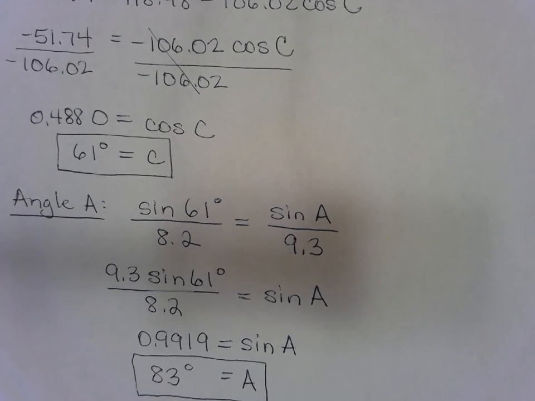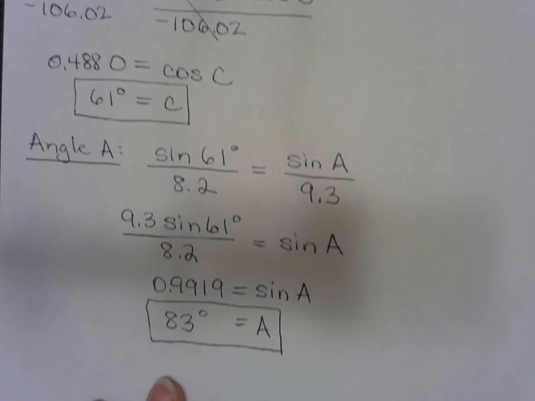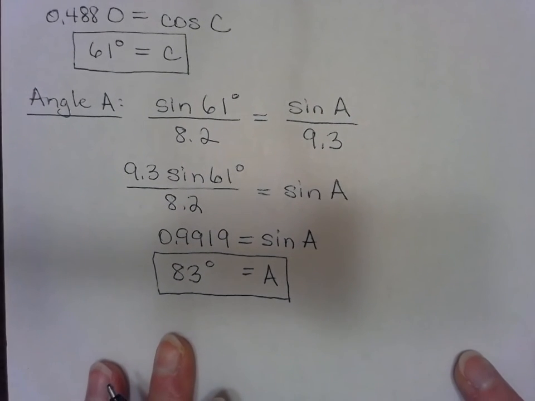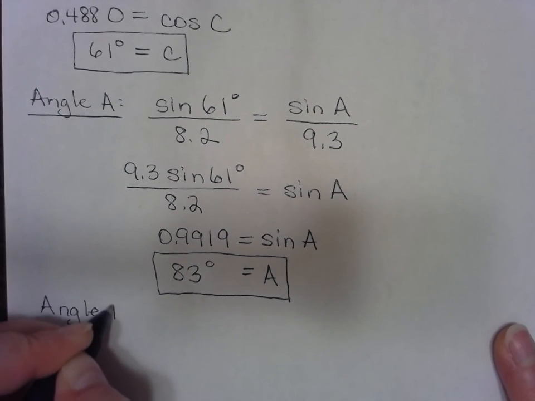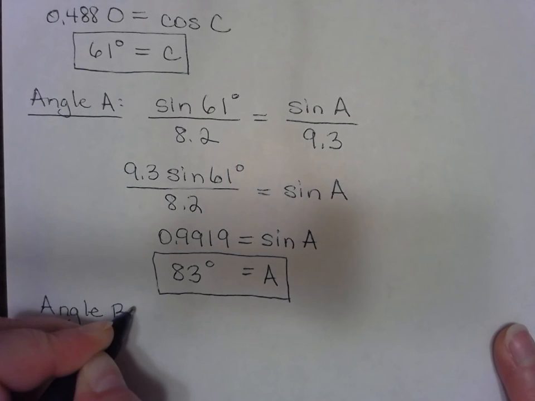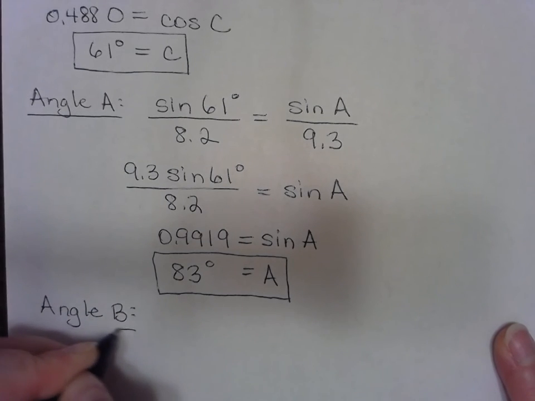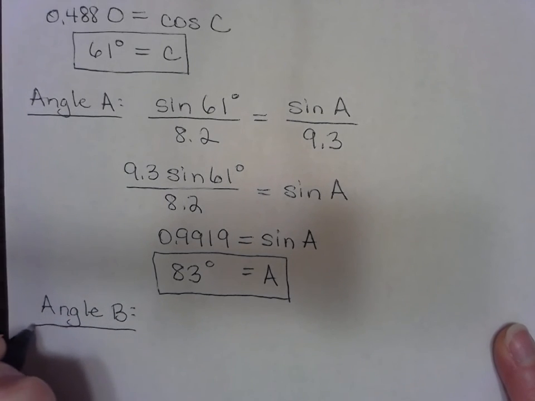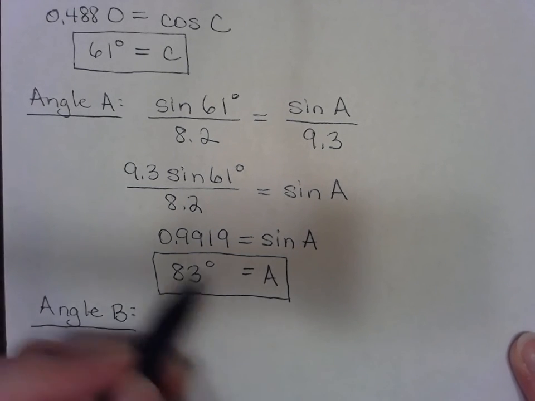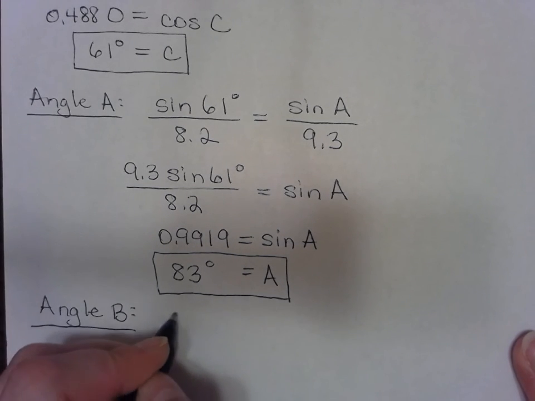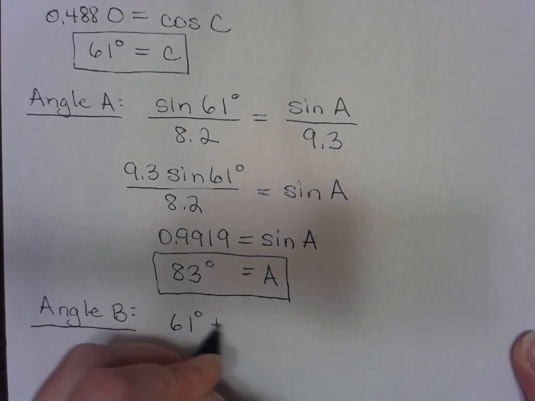Okay. One more angle left. I think we probably could have done this on the last one, and I just wasn't thinking. All the angles add up to 180, so I don't really need to do the law of sines again. I can just add these up. I didn't think of that last time.